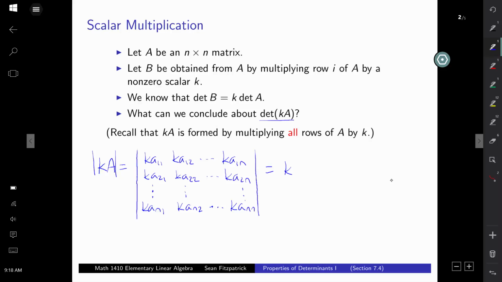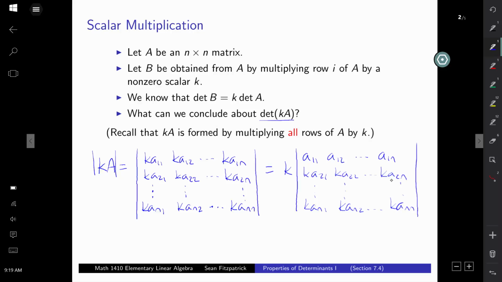Okay, so if we take k out of the first row, we would have a11, a12, a1n, and then ka21, ka22 over to ka2n, right, down to kan1, kan2 over to kann, right?